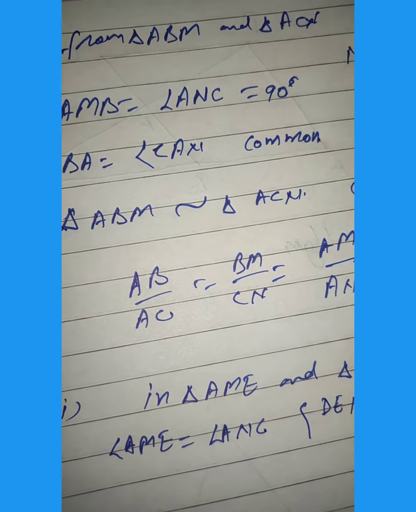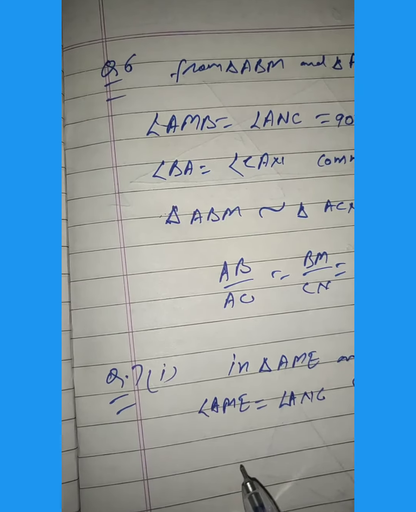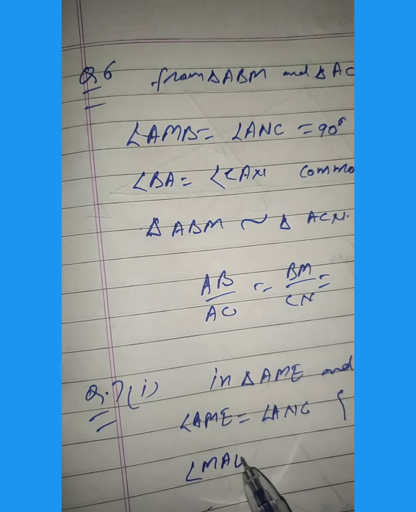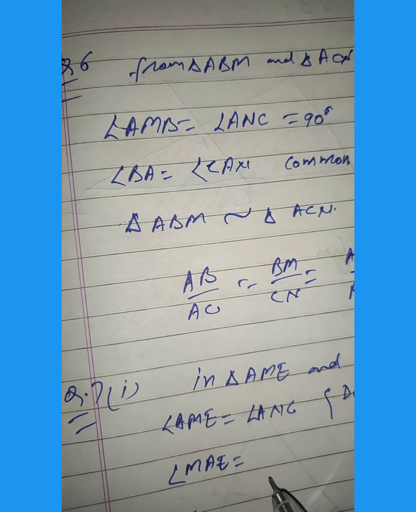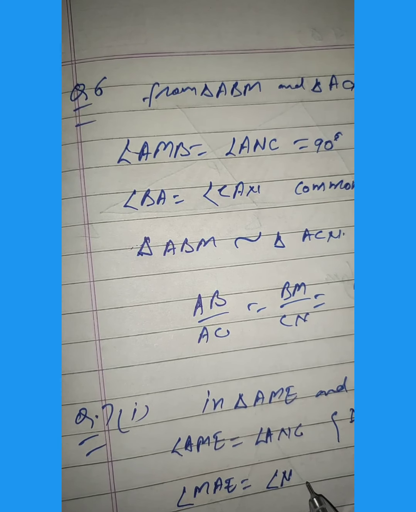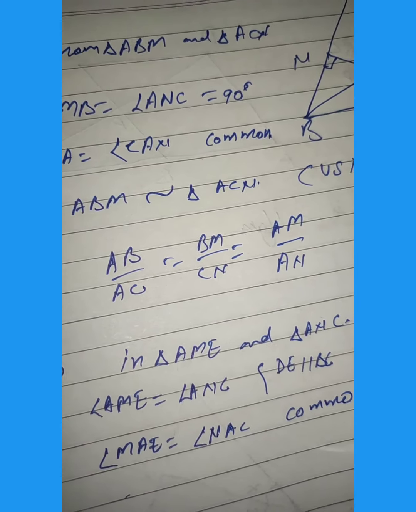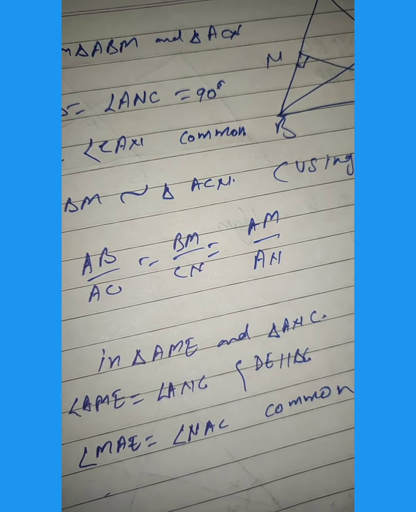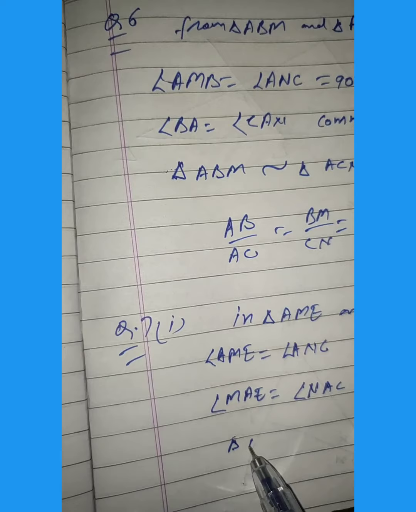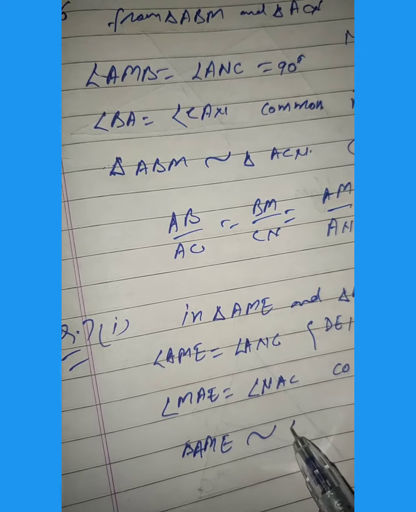When DE is parallel to BC, ME is also parallel to NC. Next, angle MAE is equal to angle NAC. It is a common angle. So by the same criteria, triangle AME is similar to triangle ANC.